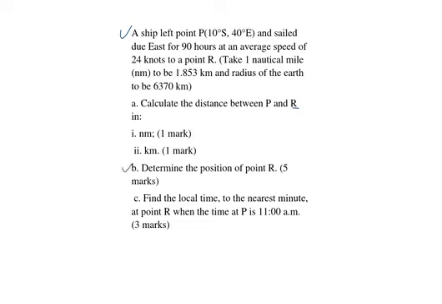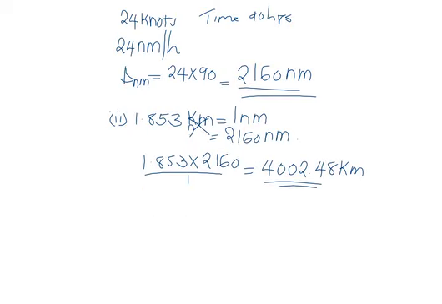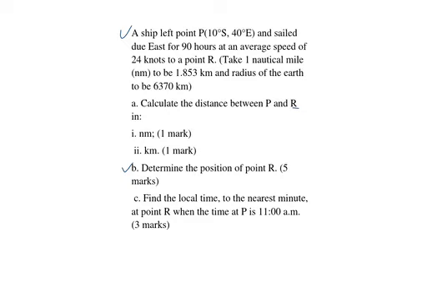Part B, we are told to determine the position of point R. We need to get the longitude difference so that we can know where R lies, and because we are told that the distance is along a small circle, this is because it is at latitude 10 degrees south and it is going along east.